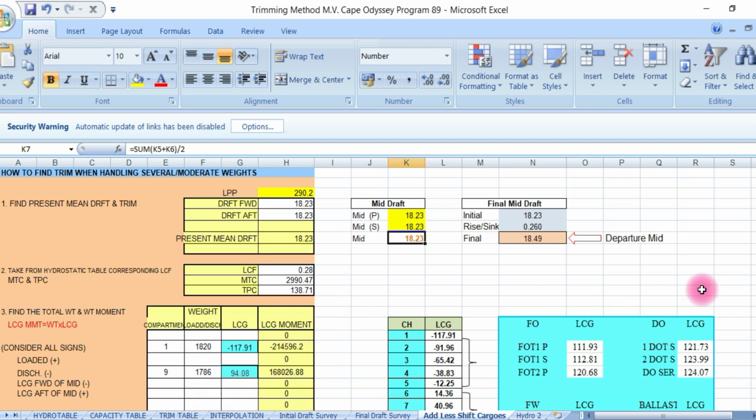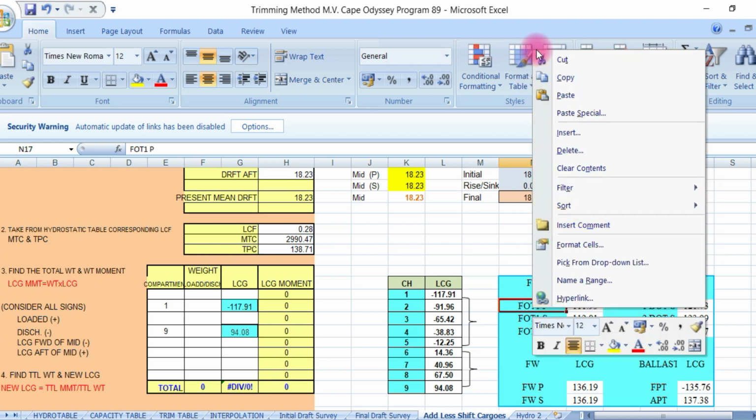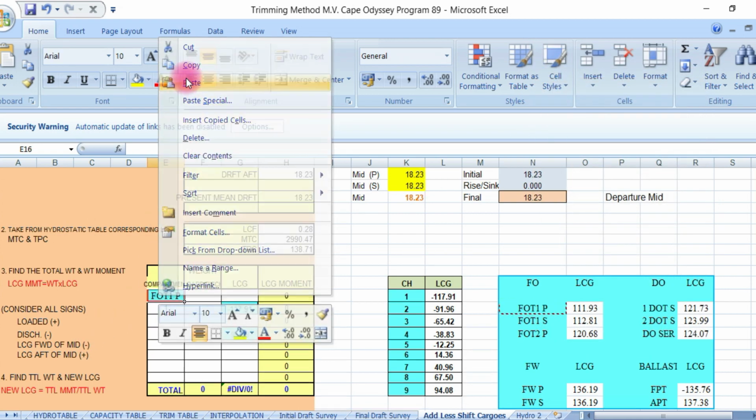Now, we don't ship cargoes, so we take this out. So we have this one. Copy. Paste.